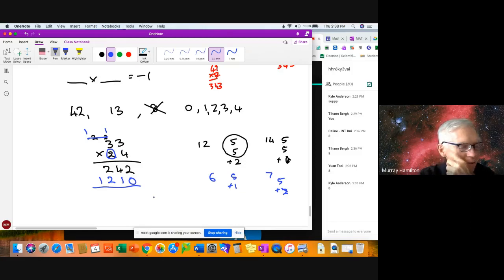Okay, what happens when we add those together? That's an interesting one. Anyone add those together? We did addition yesterday. What's your answer? No one willing to offer an answer?